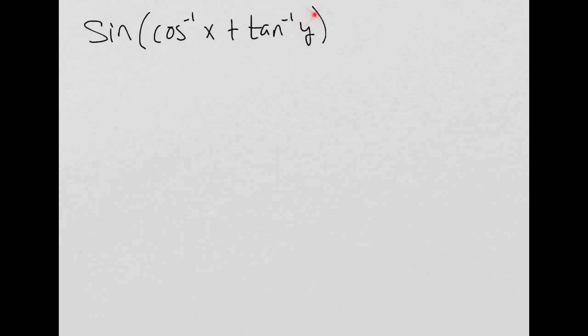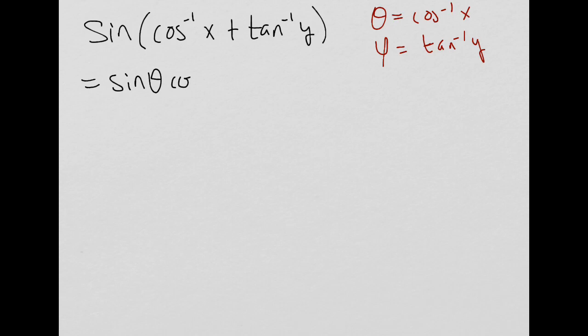Same thing with plugging in some number y, and tangent inverse spitting out an angle. So I'm going to say theta equals cosine inverse x. This is a Greek phi, also commonly used to reference angles. Phi equals tangent inverse of y.